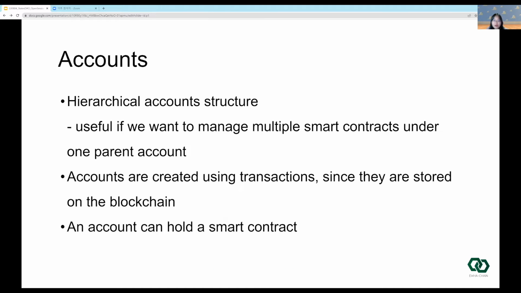Accounts on NEAR have a hierarchical account structure. It is useful when we want to manage multiple smart contracts under one parent account. Since they're stored on the blockchain, accounts are created using blockchain transactions.